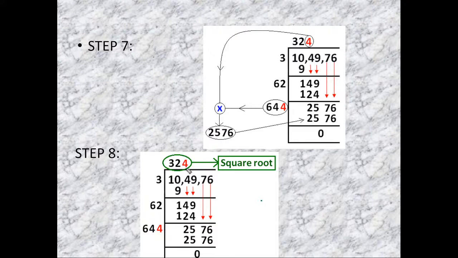You already have written the square root in the bar: 3, 2, 4. The first row of numbers is your square root. Isn't it easy? Okay, that's the end.